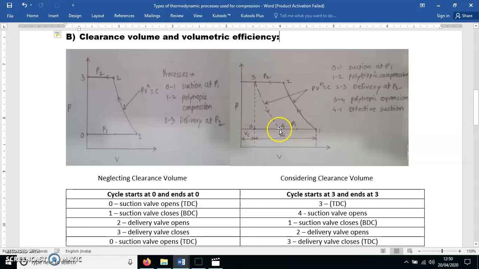So from 0 to 4, this is waste of the suction stroke, and as the suction valve is open at 4 and it closes at 1, only 4 to 1 is available for effective suction. So you can clearly mention here V1 minus V4 is the amount of air sucked during the suction stroke. And what is the theoretical volume available for suction? It is V1 minus V0, meaning V stroke, that is the stroke volume.